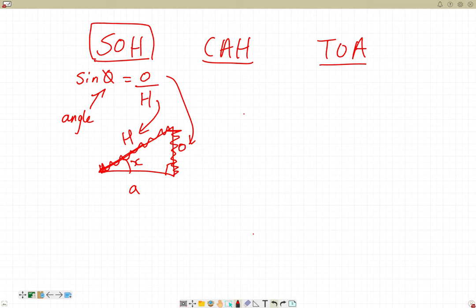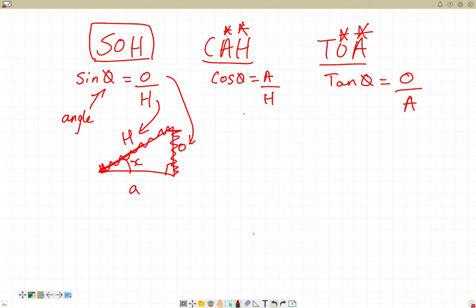If it ends up being CAH, then you use the cos formula, which is cos theta equals adjacent over hypotenuse. And then the last one, TOA, tan theta equals opposite over adjacent.